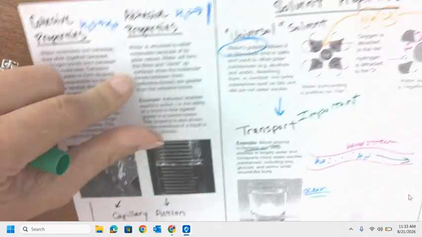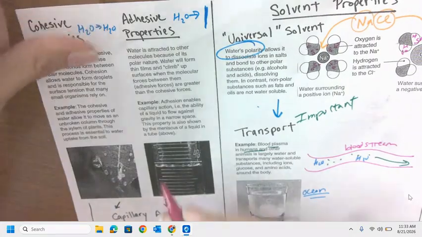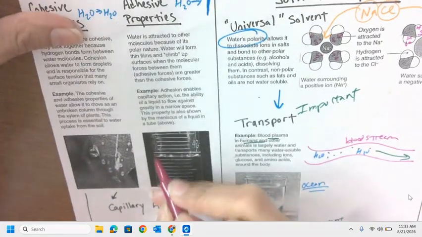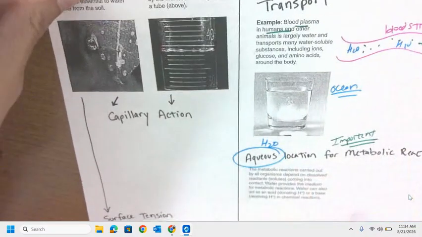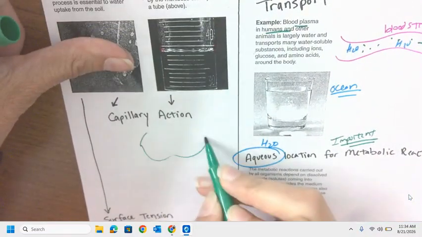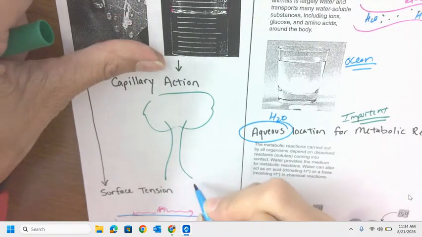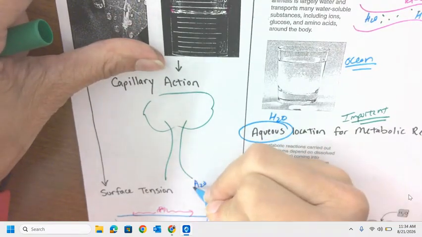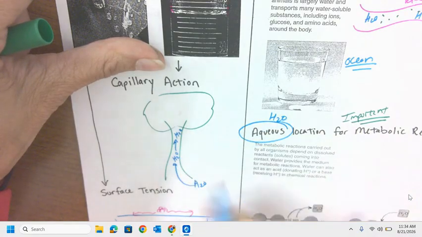Adhesive properties are when water sticks to other things. That's what forms the meniscus, right? The water molecules here are sticking to the sides of this graduated cylinder. Both cohesion and adhesion lead to capillary action. So if you have a tree and you have a tree trunk and water comes from the roots, the water in the tree trunk is going to be pulled up the tree for a couple reasons.